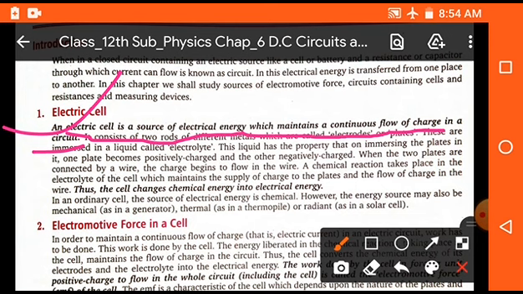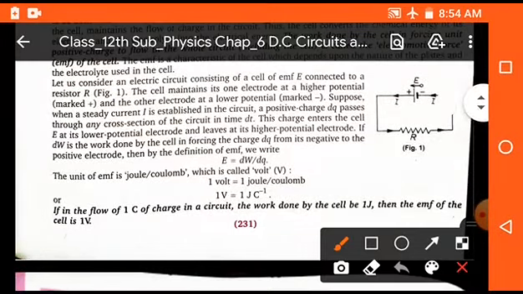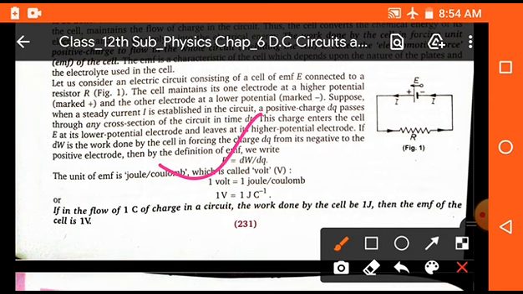Okay. Now the next topic is electromotive force. Electromotive force is generally represented by the symbol capital E, and it is denoted by E is equal to dW upon dQ.